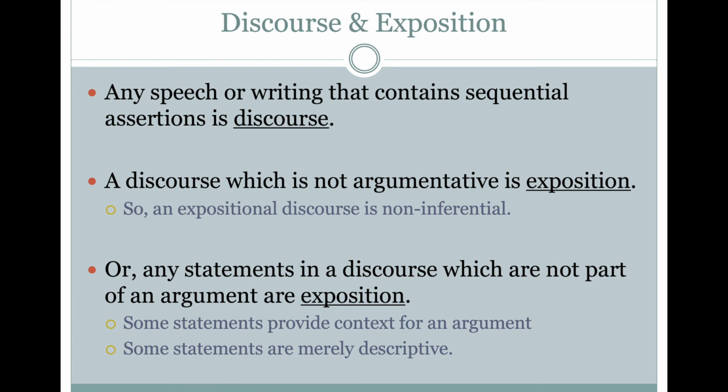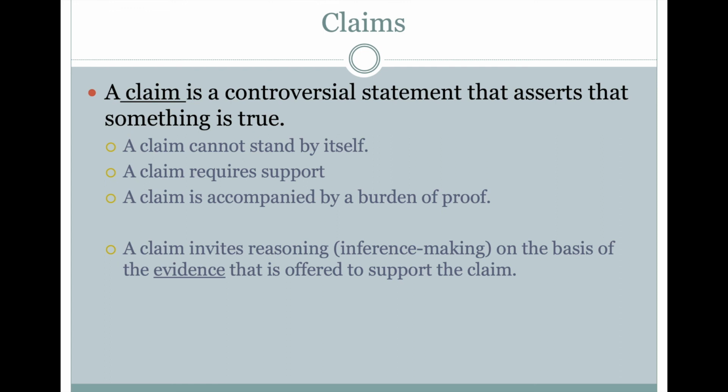For instance, some statements in a discourse provide context for an argument. They might set the scene in which the argument takes place, or they might give you background information so you'll be able to understand the argument. Some statements are merely descriptive. They don't participate in the argument, but they give us information that's important. And so those parts of the discourse we would refer to as exposition.